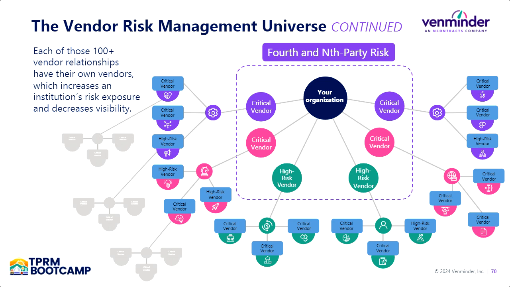And so you've got to keep your eye on them as well. And then there may be some you do not have any visibility to, as shown in the gray vendors that you see on this slide. So again, your universe has just drastically increased when you consider all parties.